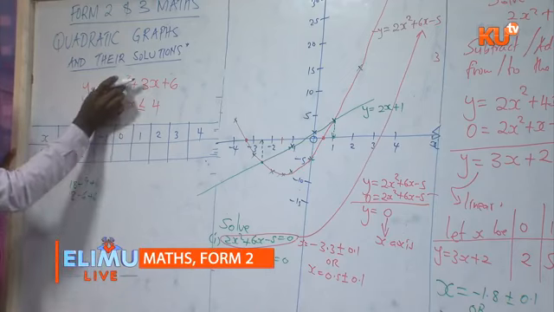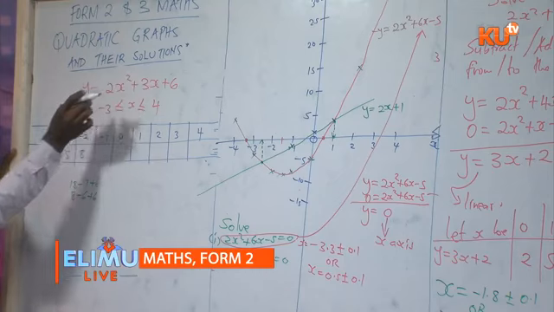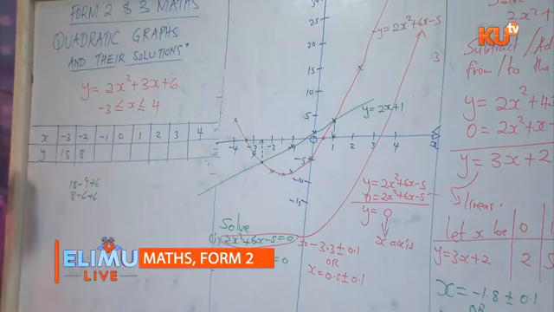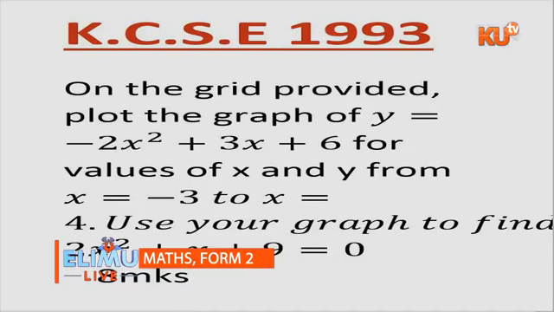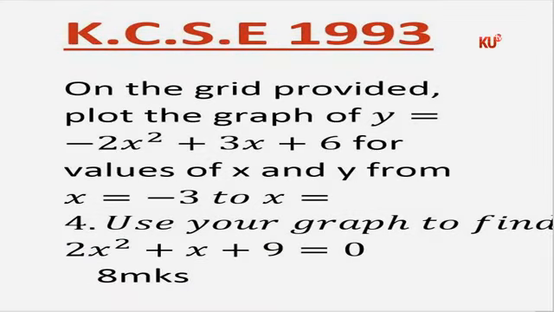When it's -1, squared is 1. The question is y is equal to -2x squared plus 3x plus 6.